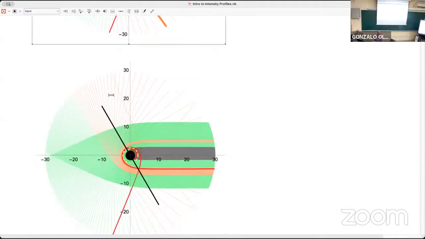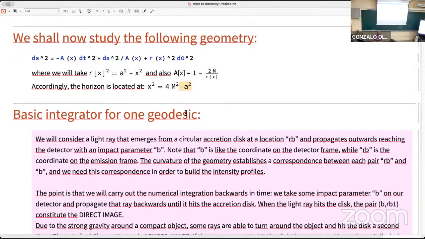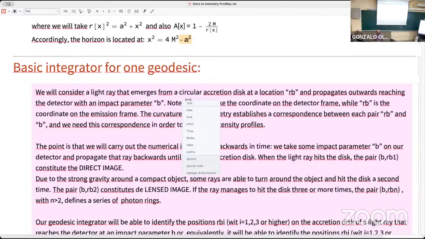Okay, so we were using a line element like this with this radial function. But now for simplicity, I'm going to put a equal to 0, so we are in Schwarzschild. If you change the value of a to something non-zero, you can get the results of the paper.